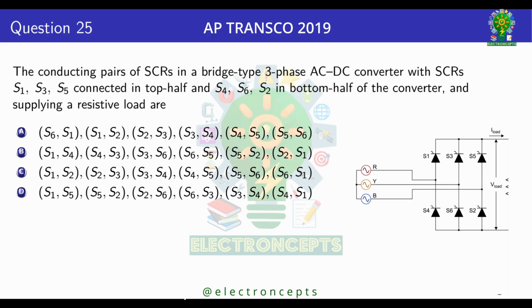In a standard 3-phase fully controlled bridge converter, thyristors are triggered in a numerical order with 60 degrees interval. Since each device conducts for 120 degrees, which means two devices, one from top half and one from bottom half, conduct simultaneously, the sequence of conducting pair is as in option A, which is also same as in option C. Therefore, for this question, option A and option C both are correct.